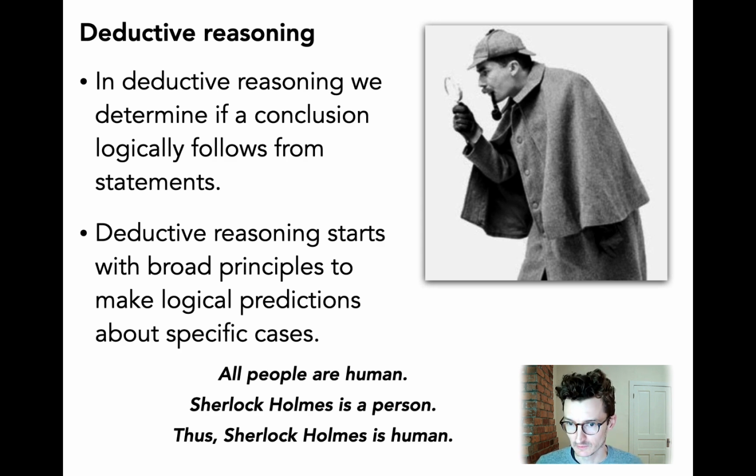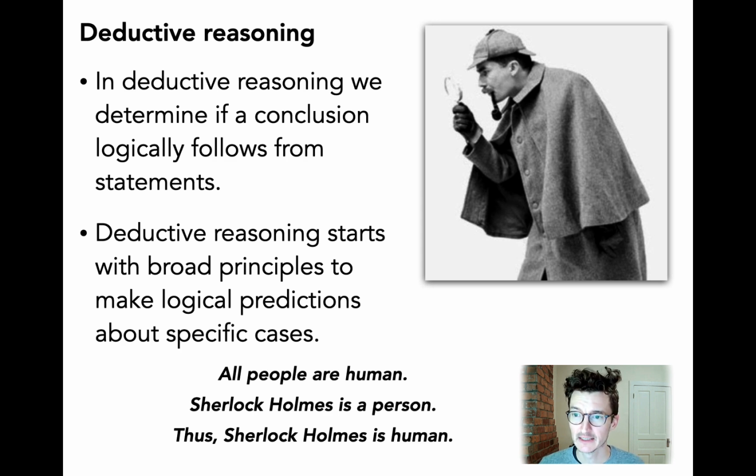So last class we talked about inductive reasoning, and the idea there is that you're taking some evidence to draw a conclusion that's necessarily probabilistic. So it can never be 100% certain. Deductive reasoning is a bit different because we can actually come to certain conclusions that must be correct if they follow logically from the evidence.